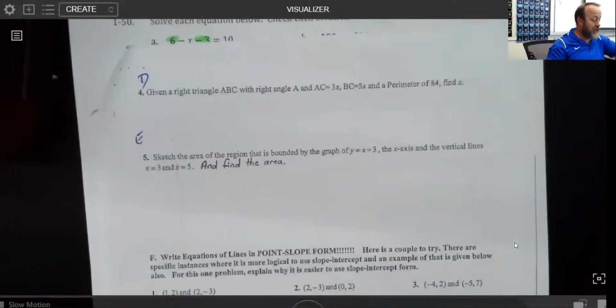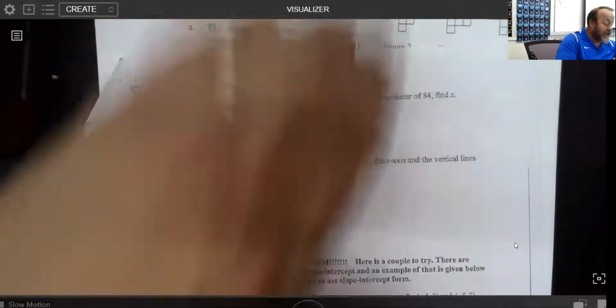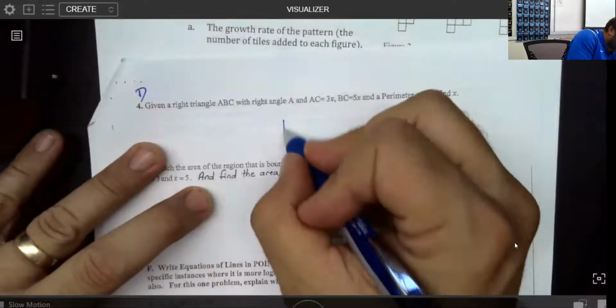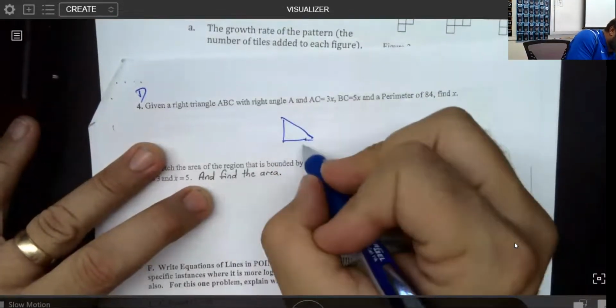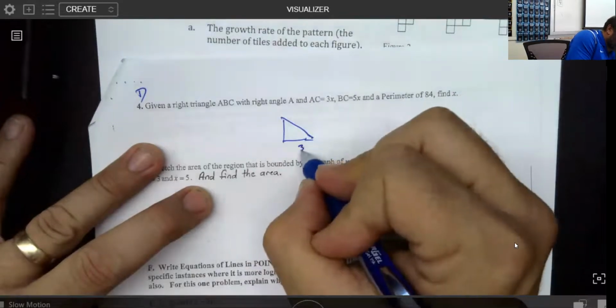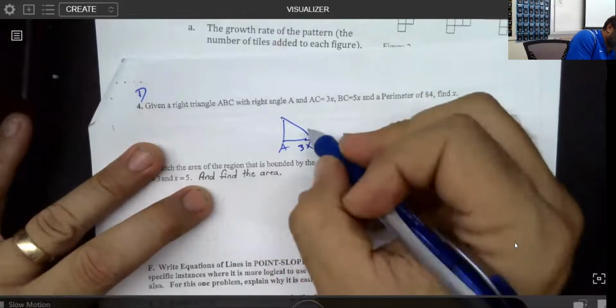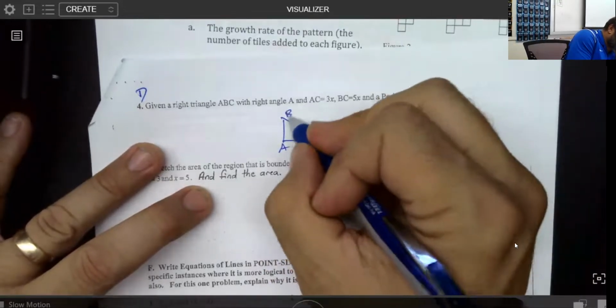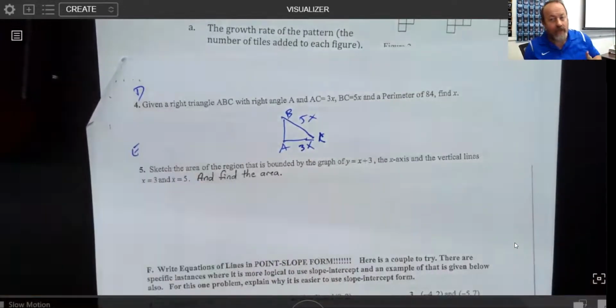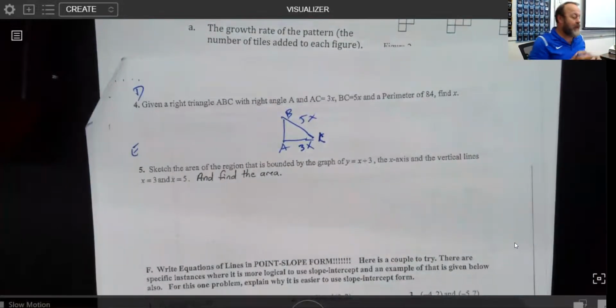So we've got a right triangle. Something really important about that is that it is specifically said to be a right triangle. So as we go through this thing right here, I know one side is 3x. One side, let's see, A to C is 3x. B to C is 5x. Well, you've probably seen a 3, 4, 5 a couple of times in your life.